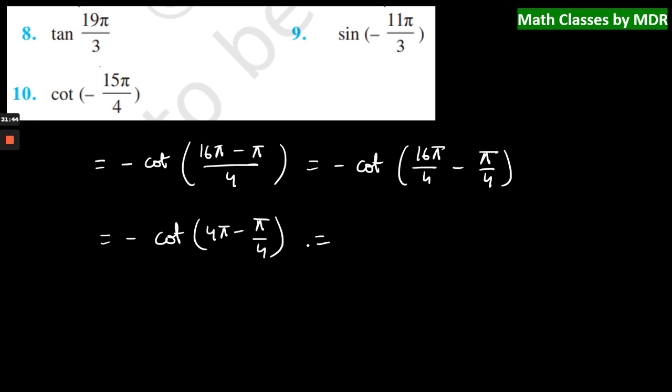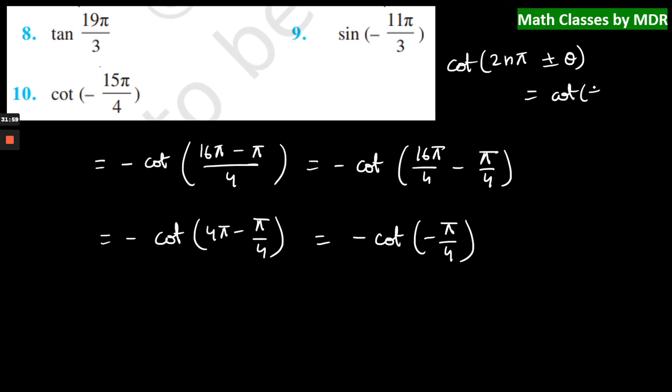So 4 pi minus pi by 4 is just before the 360, so we will take it as cot of minus pi by 4. I told you, right? Cot of 2 n pi plus or minus theta will be equal to cot of plus or minus theta. If it is minus theta, minus will come out; if plus theta, plus will come out, right?